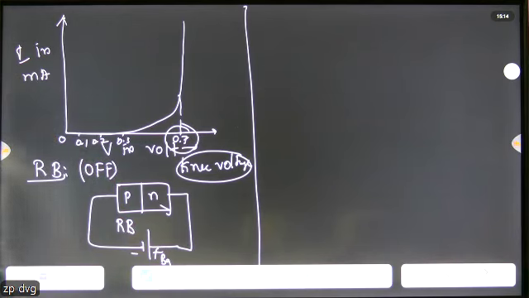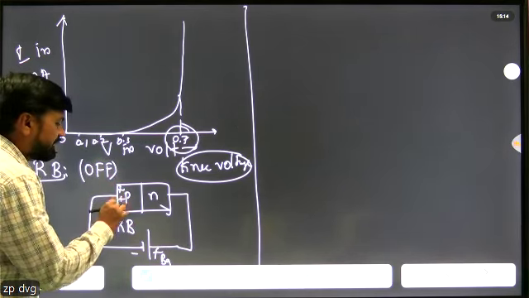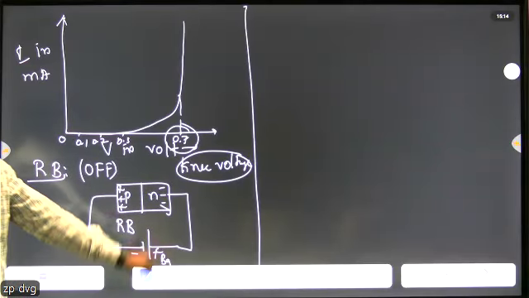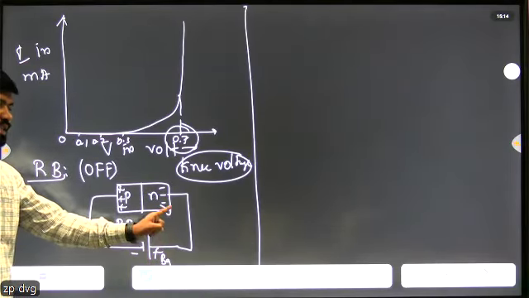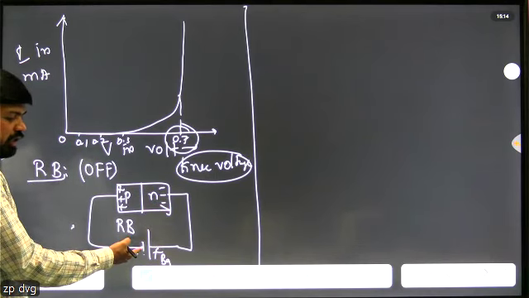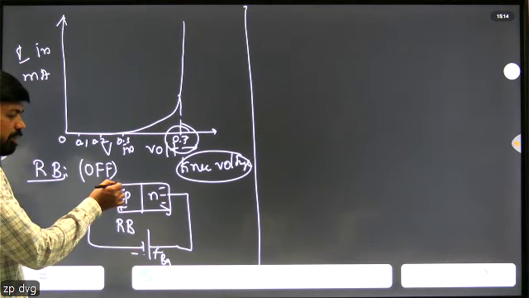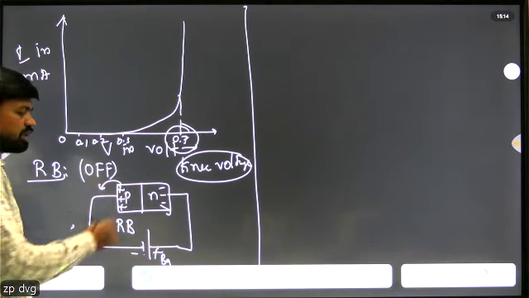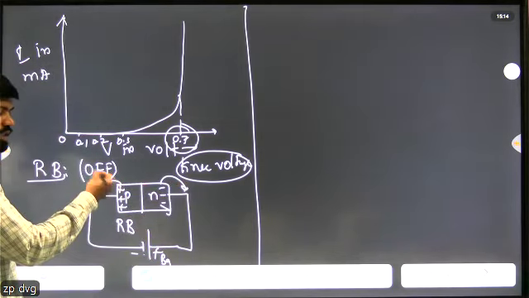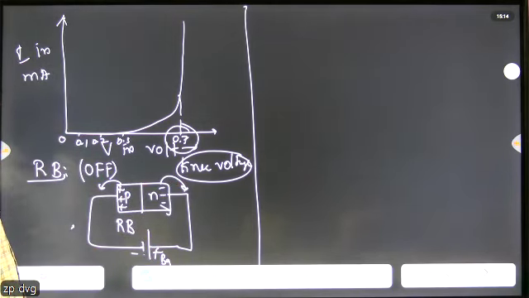Reverse bias. We know the majority charge carriers present in the P side are what? Holes. Majority charge carriers present in the N side are what? Electrons. When you switch on the battery, the negative terminal of the battery attracts the positive charges like holes. Electrons are attracted by the positive terminal. Holes are attracted by the negative terminal of the battery.